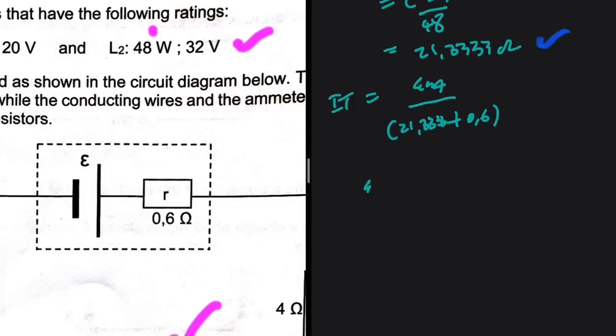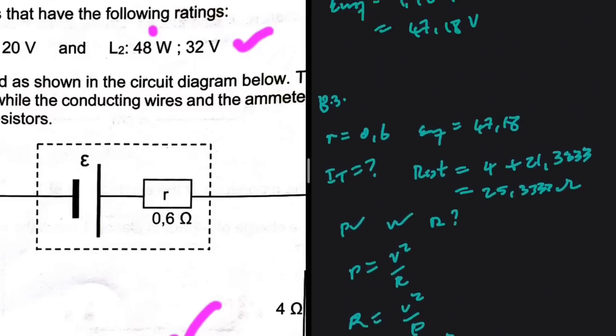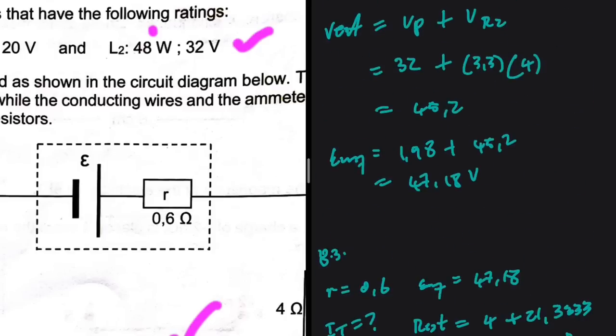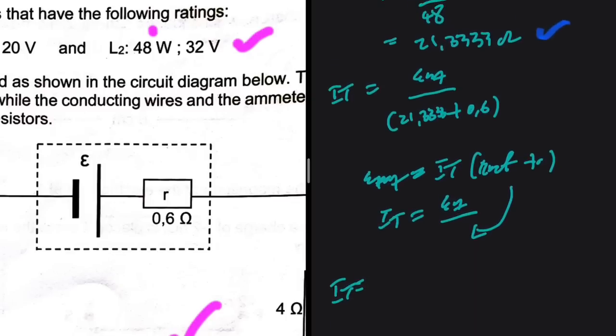This is coming from EMF is equal to IT times R external. I'm actually doing this for myself to see if I'm doing it in the correct way. So IT, clearly it is equal to EMF divided by these two things. Okay, now I'm convinced that I'm doing it the correct way. So IT is equal to EMF 47.18 divided by the total resistance, which is 21.3333 plus 0.6.